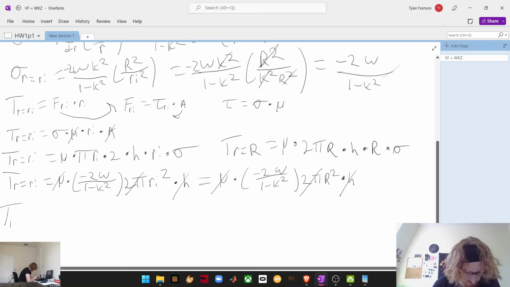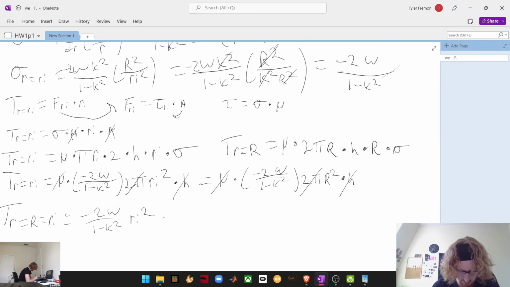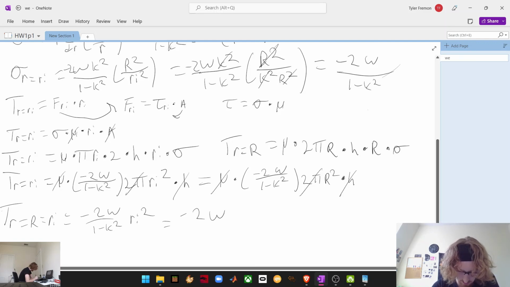So we have negative 2 omega over 1 minus k squared times little radius squared, equal to negative 2 omega over 1 minus k squared times large radius squared.